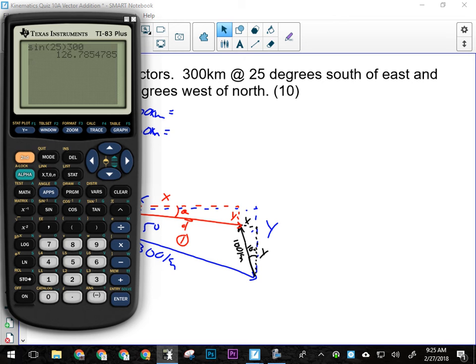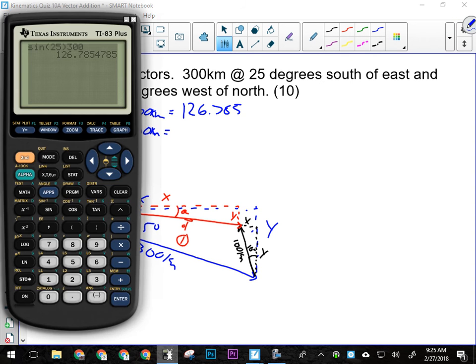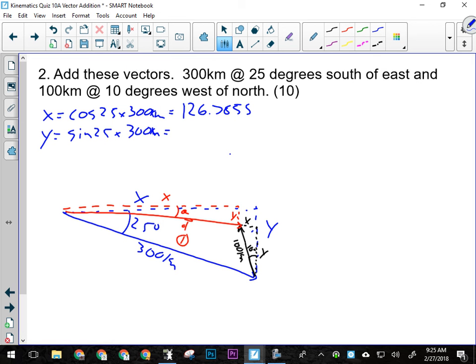All right, so 126.785 kilometers, and that is east.